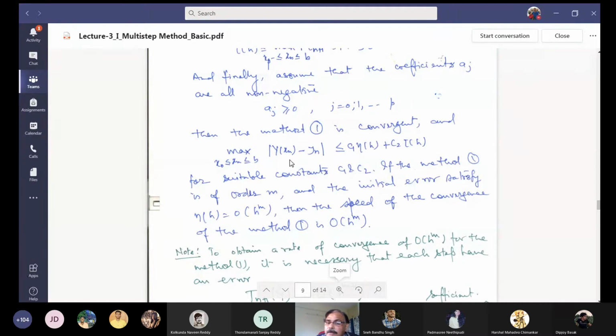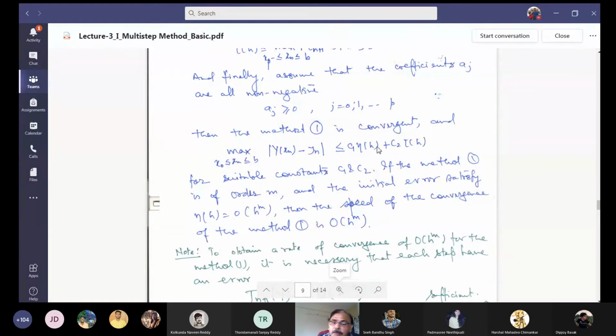On the right hand side, this will be almost the same as the local truncation error for initial values, that is y0 to yp, and the order of the method of those values, that is your y_{p+1} onward.